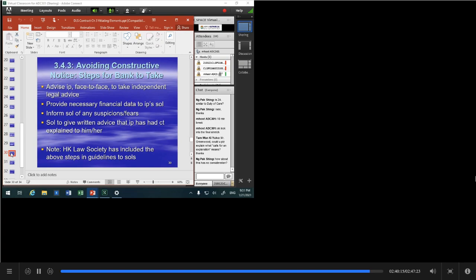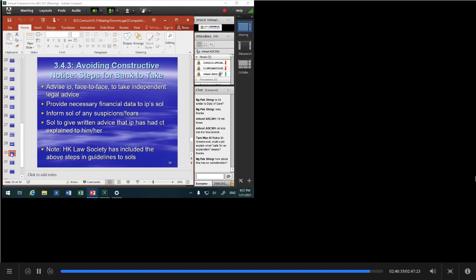And also the solicitor should give written advice that the weaker party has had the contract explained to them. So the solicitor should sit down with the weaker party and go through that contract clause by clause and make sure that the weaker party understands this.